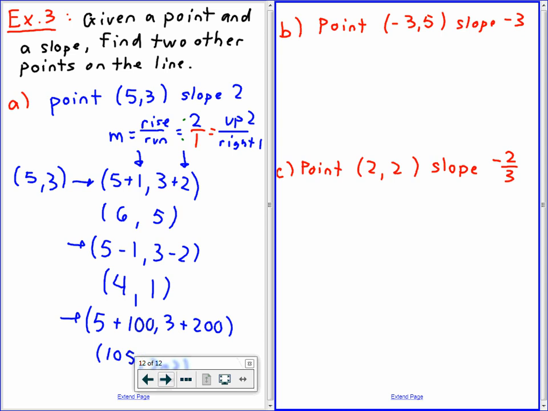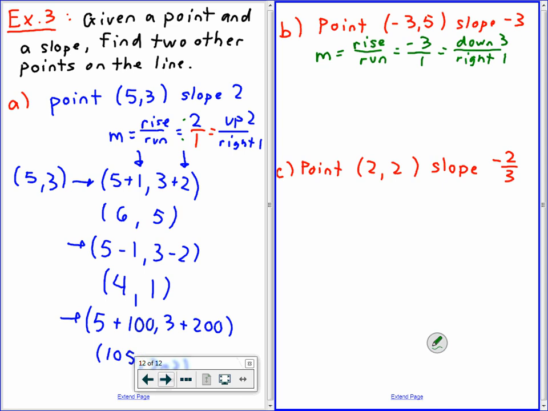So for the first one, I'm going to do the same thing I did before. So m equals rise over run, which is going to be -3 over 1, which is going to be down 3 and right 1.